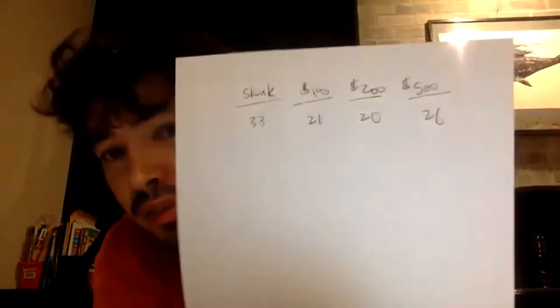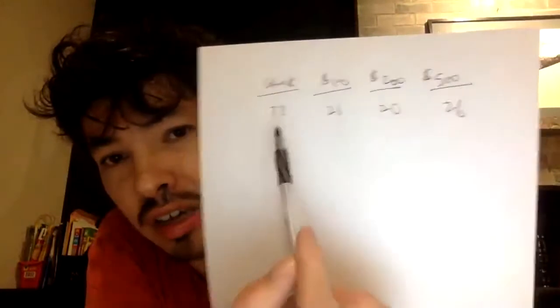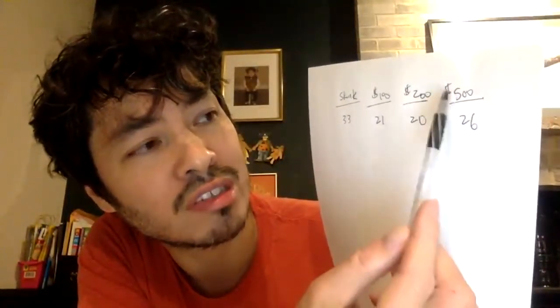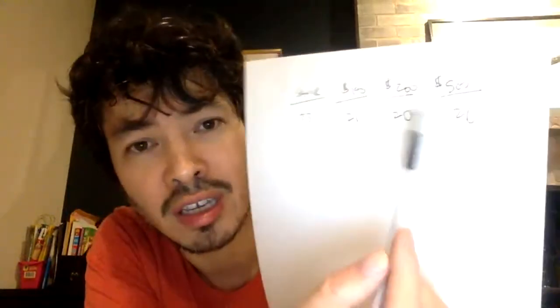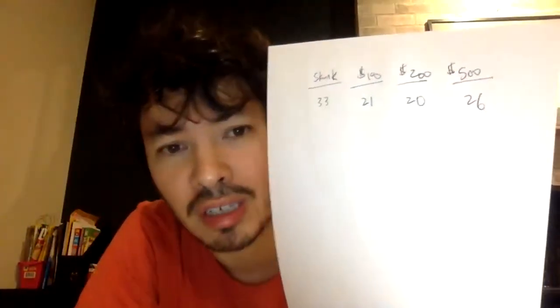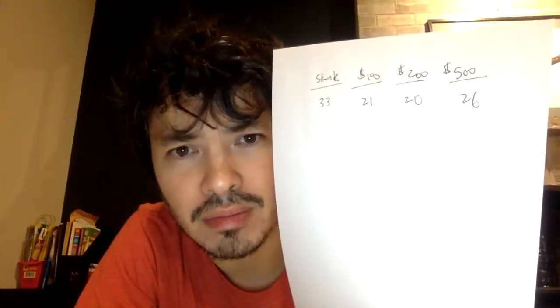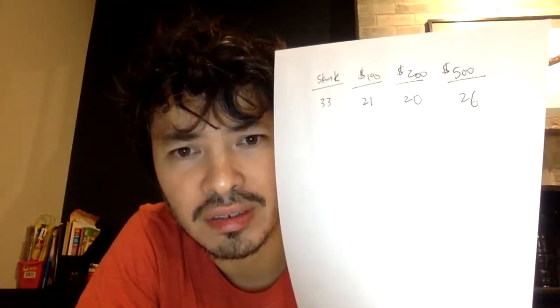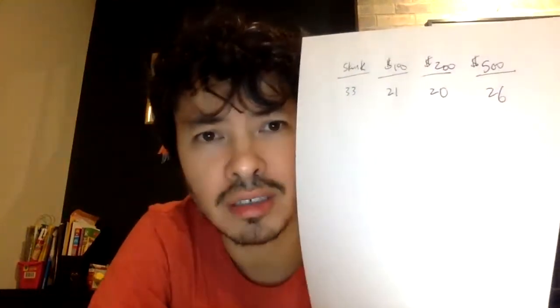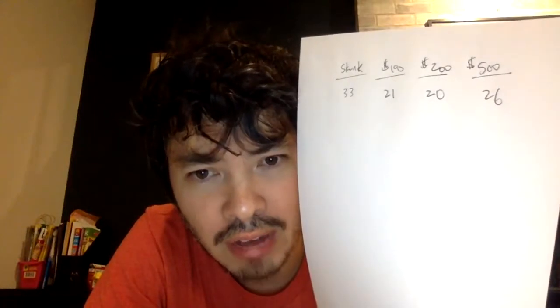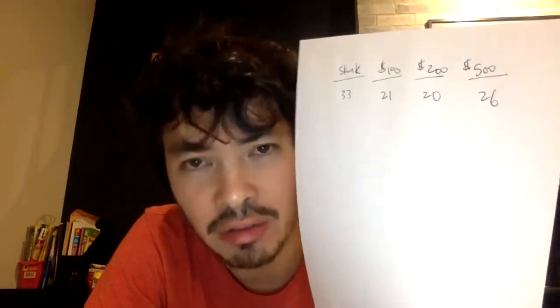Let's just jump right to part C. And here's the observed, right? 33 skunks, 21 $100, 21 $200, 26 $500. The question in part C says, based on the data, can you conclude that the 4 outcomes on the wheel were not equally likely?